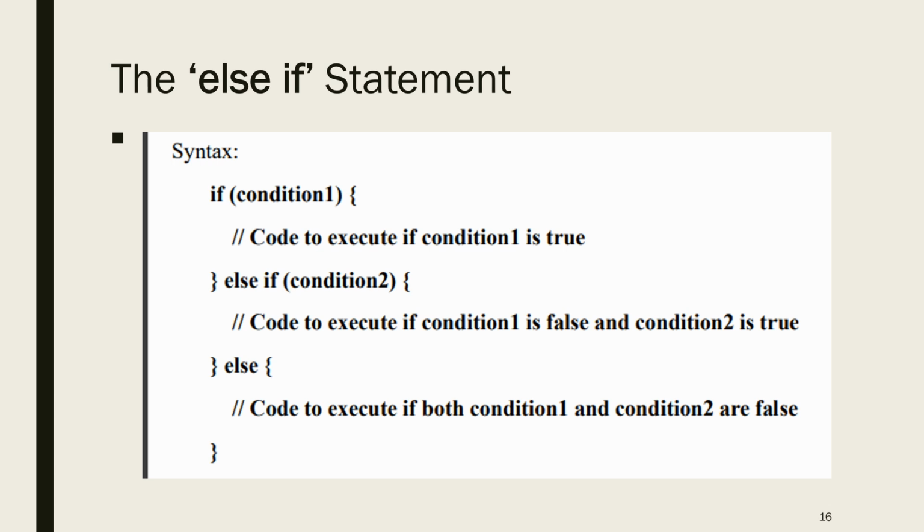To do that, the syntax is to write the keyword else if. So else if condition 1 has failed, then we want to check condition 2. That's how you read it, right? And you can keep on chaining these until you have exhausted all the specific conditions that you want to check. So for example, if I have about 5 specific conditions I want to check, I'll say if condition 1, then perform the actions that are supposed to be performed if that condition is true.